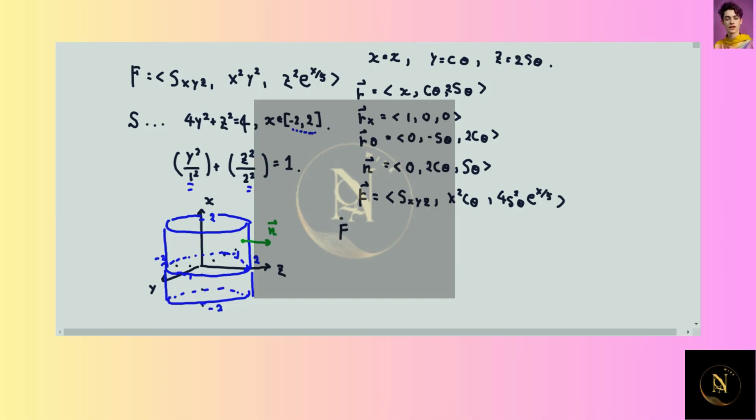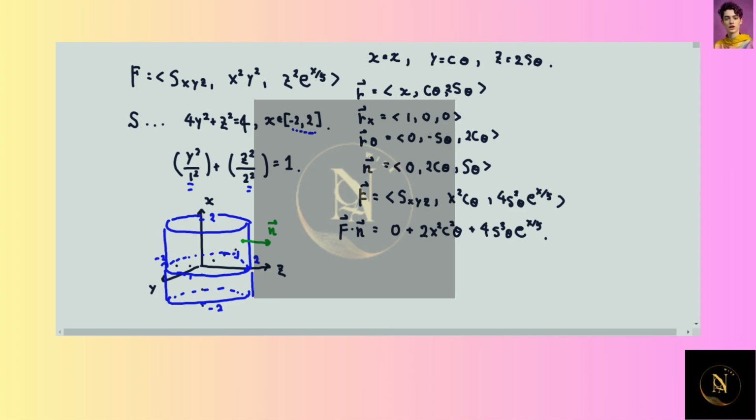So the dot product f dot n will end up being 0, like I said, plus 2x squared cosine squared plus 4 sine cubed e to the x over 5.